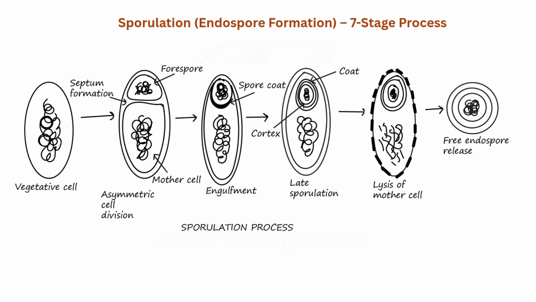Inside the protected chamber, the cortex and the coat layers are built. As the spore matures, dipicolinic acid accumulates, dehydration increases, and resistant properties are acquired. Finally, the mother cell lyses, releasing the fully matured endospore into the environment, ready to survive indefinitely.